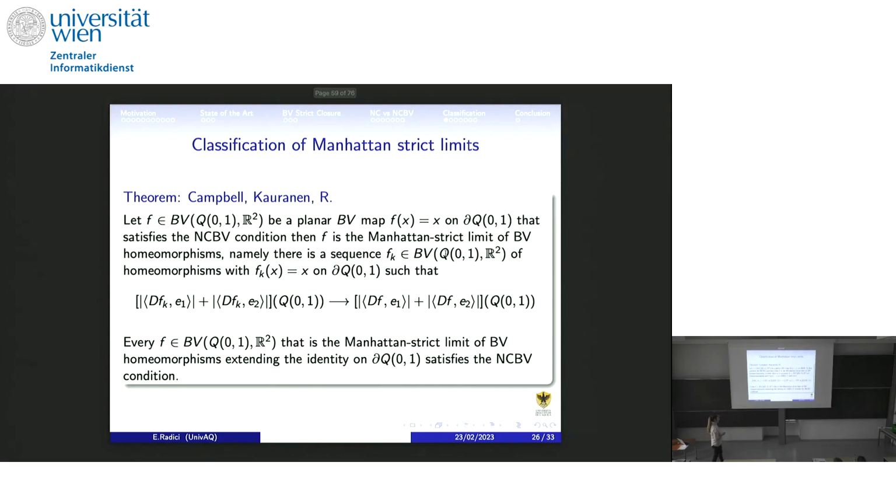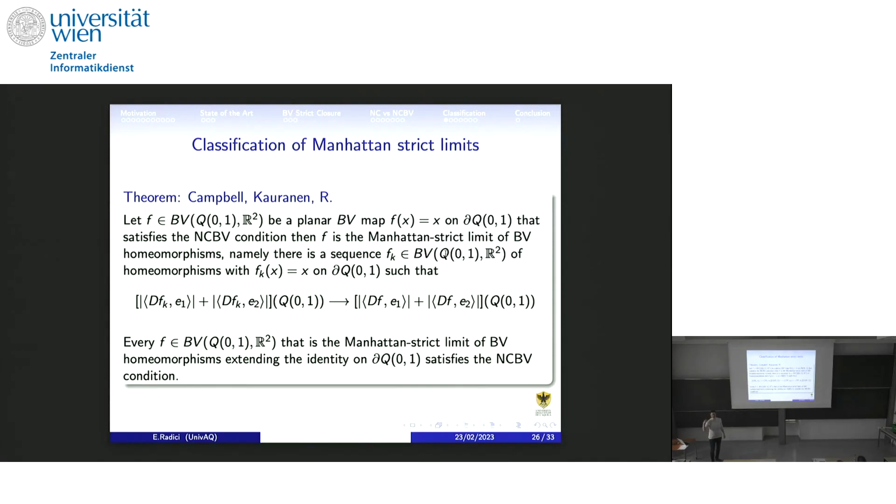What we prove with Daniel and Aapo. The first result we had is this characterization of the Manhattan strict limits. The NCBV condition is the property that characterizes the class where you have Manhattan strict limits of homeomorphisms.